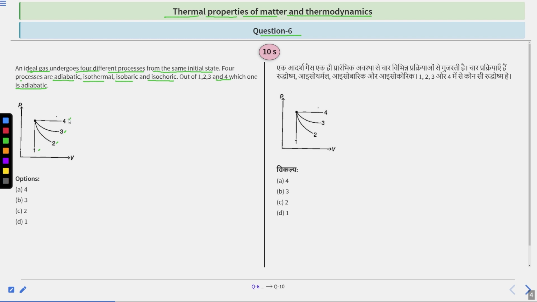The given options are: option A is 4, option B is 3, option C is second, and option D is first. Which option is correct? You have 10 seconds to solve this question. After 10 seconds, we will provide the solution.